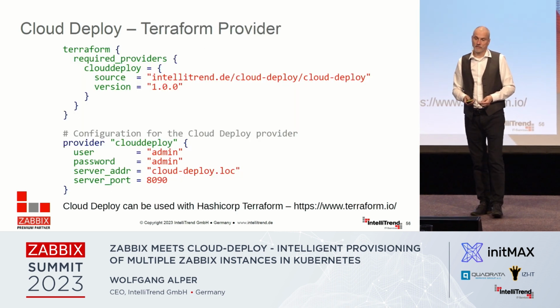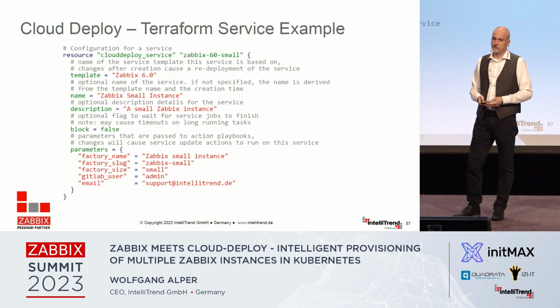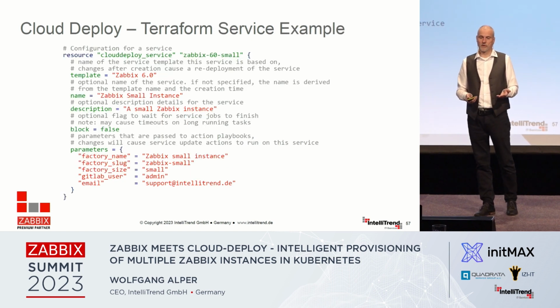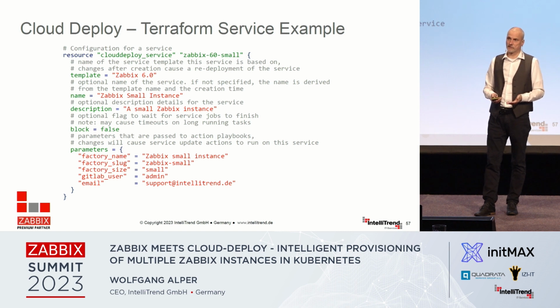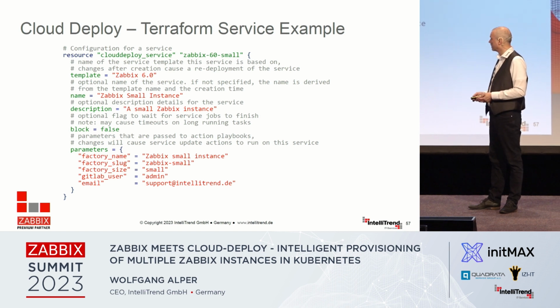This is how the Terraform provider looks. So you register Cloud Deploy as a Terraform provider in the first step. And this is, for example, the definition for creating a new Zabbix instance. It's basically the same information that you have seen on the interactive web portal.